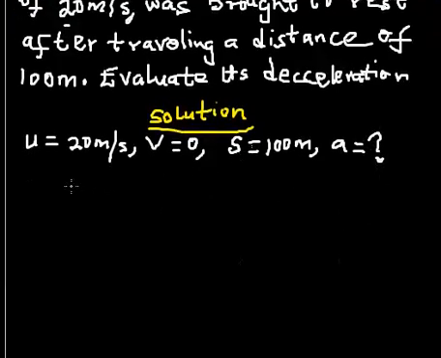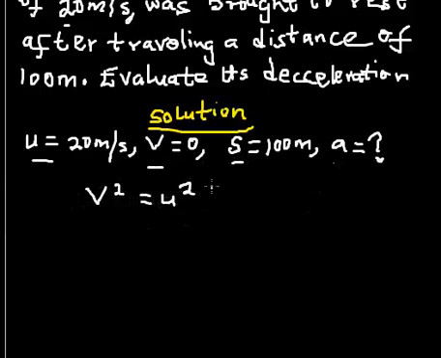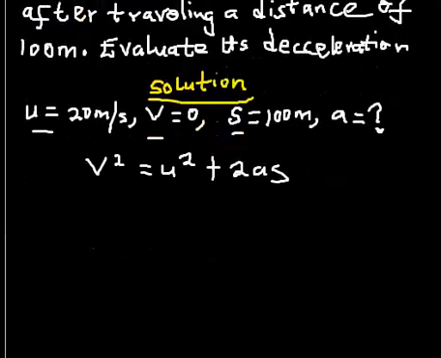All right, look at this: u, v, x, and a. Which equation captures these four? That's the third equation. So we have v squared equal to u squared plus 2ax. Okay, how do we go?